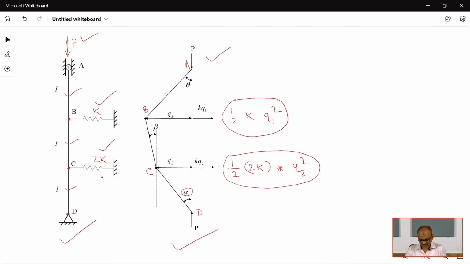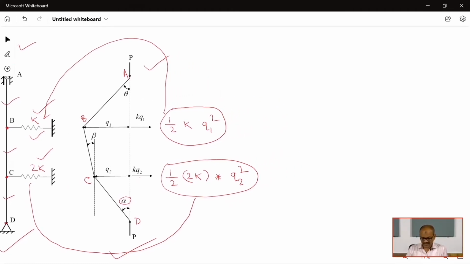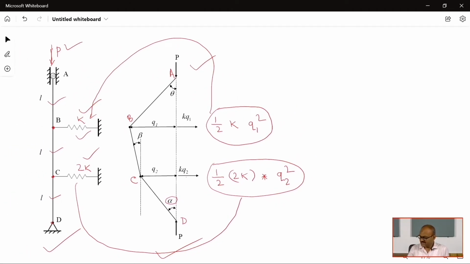So this corresponds to this spring and this one corresponds to that spring energy stored. The external work done can be calculated by the descent of bar AB, descent of bar BC and descent of bar CD.